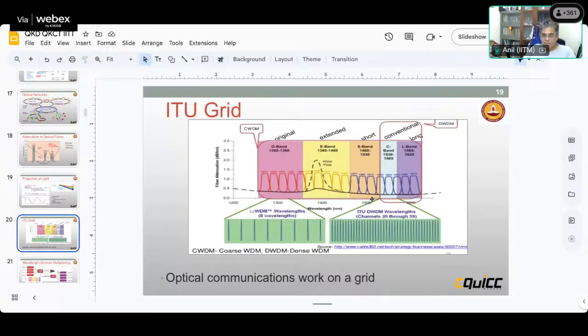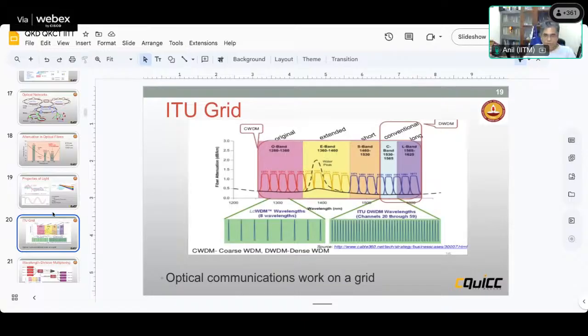So this region of 1500 that we are talking about, 1550, has actually got these 40 channels, all spaced close together in what is called dense wavelength division multiplexing. In the O band, they had broader spacing, and that was the original band. The reason that we stick to 1550 for classical communication is because we have amplifiers in classical communication.